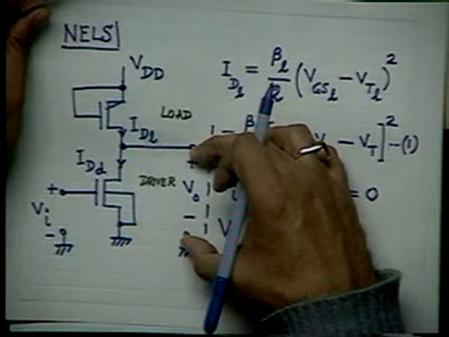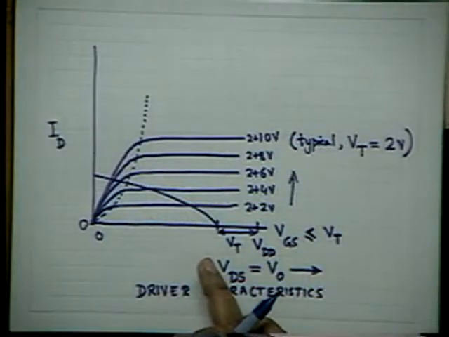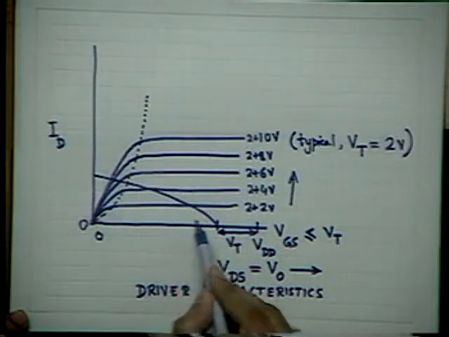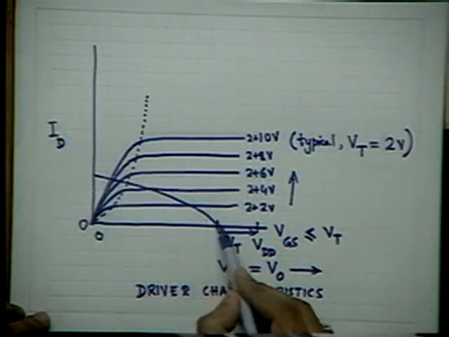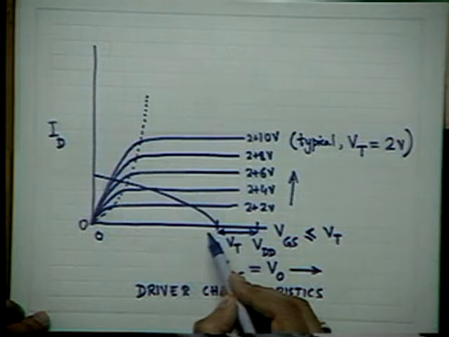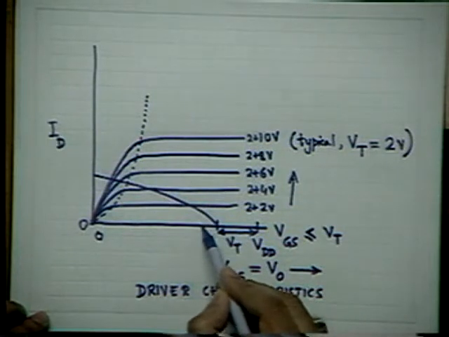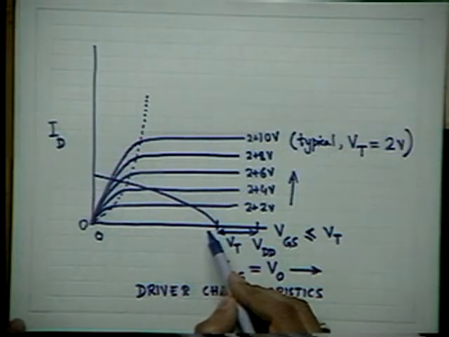Now, you note that whatever I have plotted on the abscissa is nothing but the output voltage. Our VDS of the driver is nothing but VO. So if you are in this part of the characteristics, when VO is large, then what will happen?